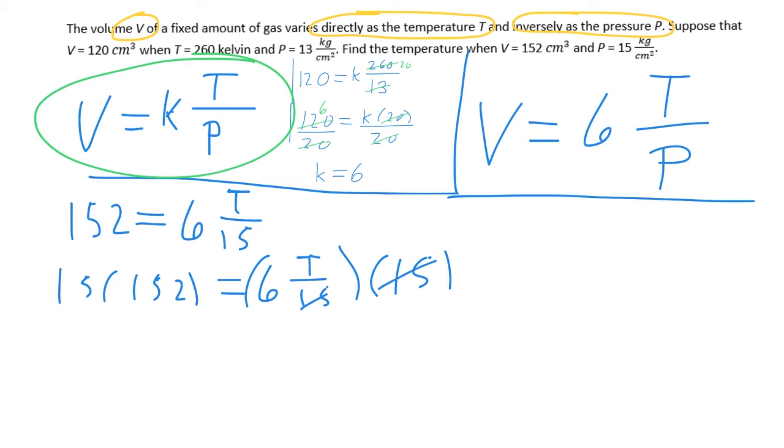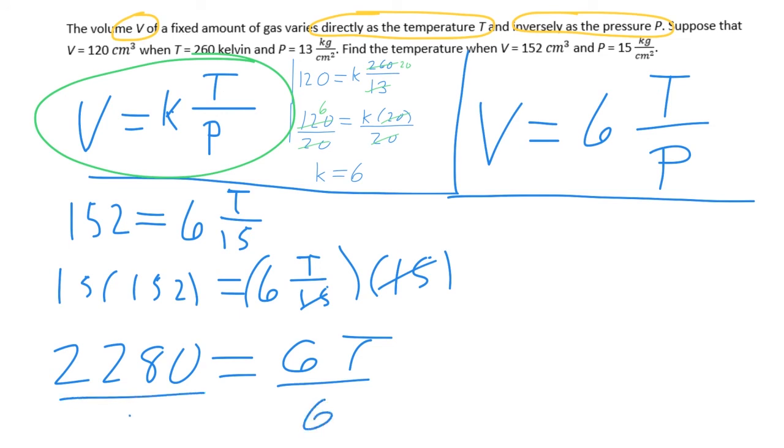We can use a calculator to get that the left-hand side is going to be 2,280. So 2,280 equals 6T. Let's divide both sides by 6.